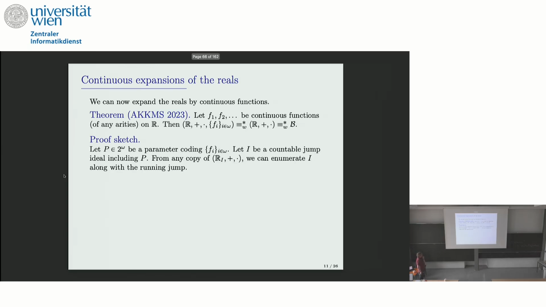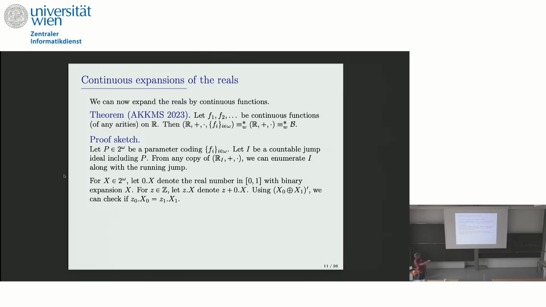And then we take the enumeration of the sets in I in the ground model along with the running jump, and then we just start doing things like using the jump. Okay, well, this just tells us how I represent a real number. I represent it in terms of a binary expansion and a natural number.